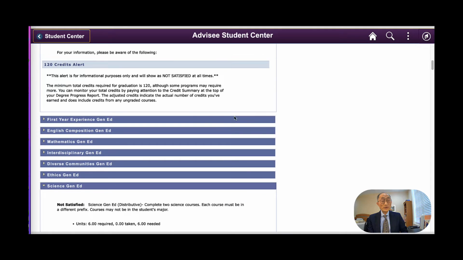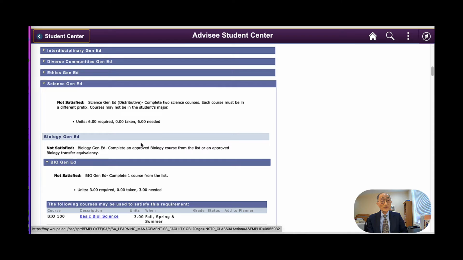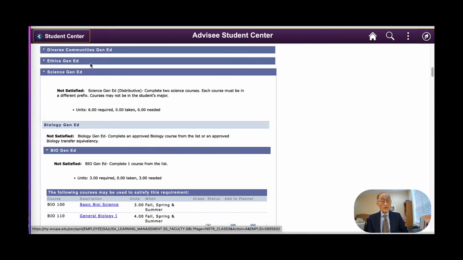Bringing up a degree progress report, you will find some items that are not expanded. First year experience, gen ed, English composition, etc. That simply means you probably have already satisfied all these requirements.